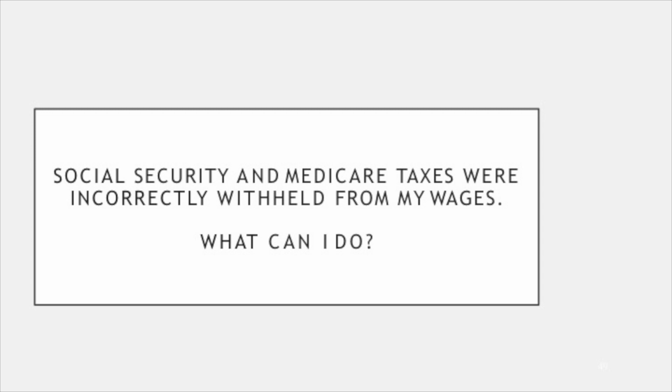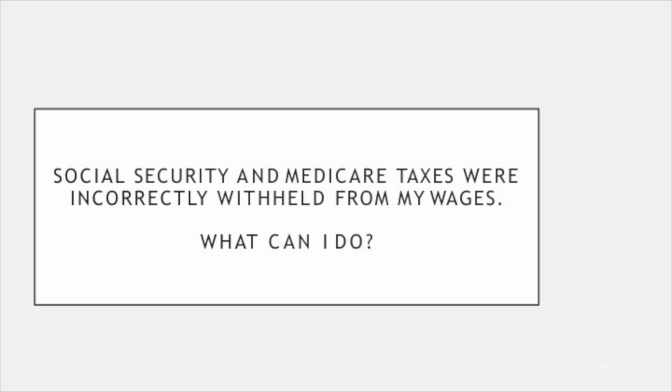Okay, now I mentioned before that some employers may inadvertently, or some unfortunately on purpose, have withheld Social Security and Medicare taxes from your wages. For foreign students, this is not correct.